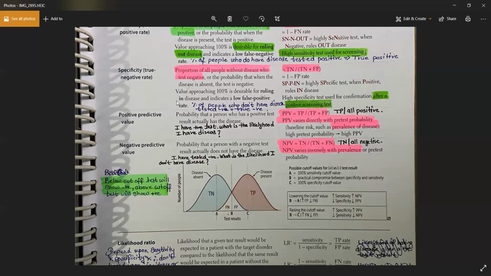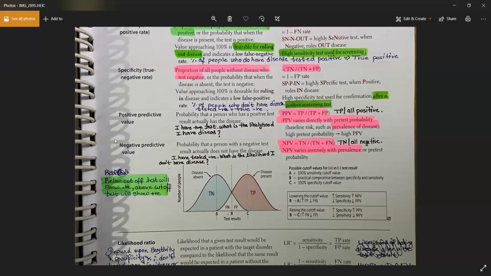And whenever the prevalence of a certain disease is low in a population, even though the test is positive, there are very low chances that the patient actually has the disease. So the positive predictive value increases with an increase in prevalence and decreases with a decrease in the prevalence of the disease. You understand this fact now?